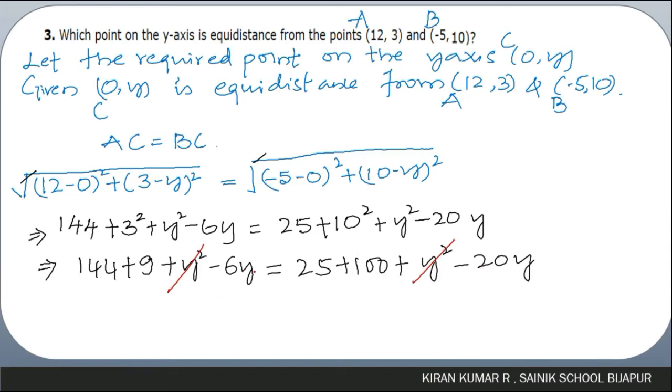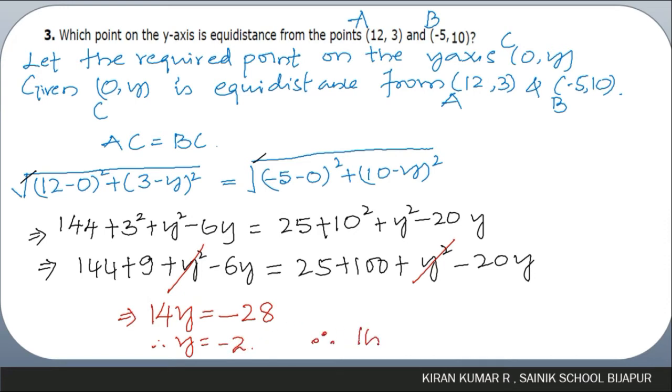When you transpose minus 20y to this side, it becomes positive, so we get 14y equal to 125 minus 9 minus 144. Simplifying, we get negative 28. Therefore, the value of y is negative 2.